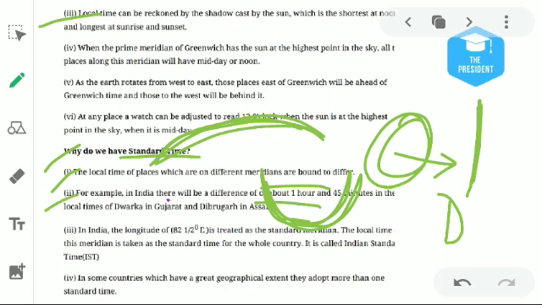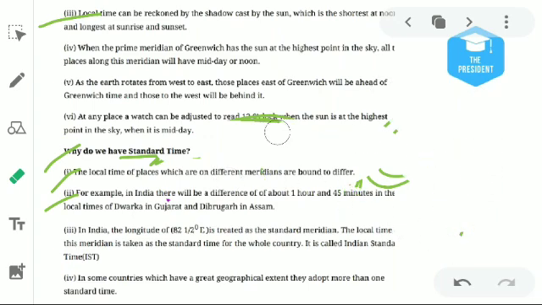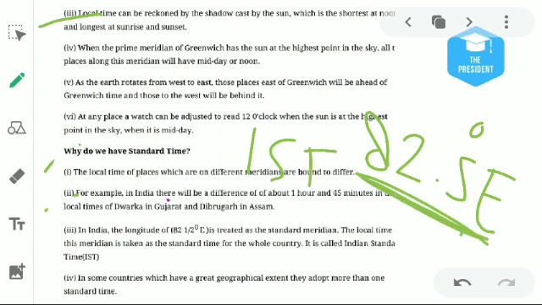For example, our country, India, has chosen the 82.5 degree east longitude as the IST, the Indian Standard Time. Basically, by this line we decide the time in our country.